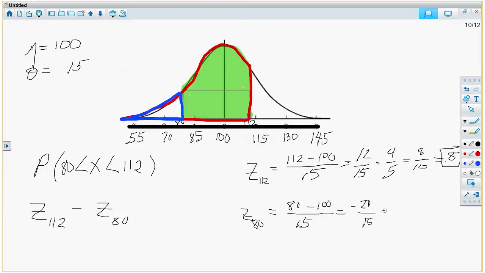Well, that's going to be 4 over 3. Negative 4 over 3, which is equal to negative 1.33. I'm sorry, that's 0.8. That's a z-score. Now, go to your handy dandy tables. You've got to find your area at 0.8. I got confused a while ago. Get your area at 0.8 in your z-score and your area at negative 1.33 and subtract them.